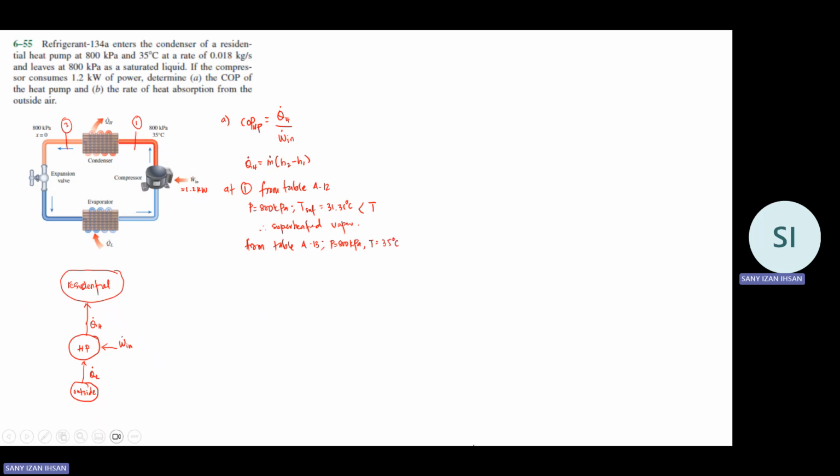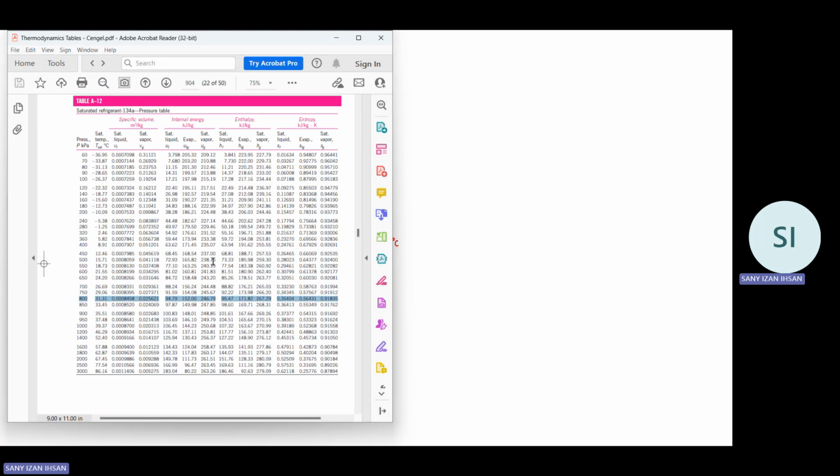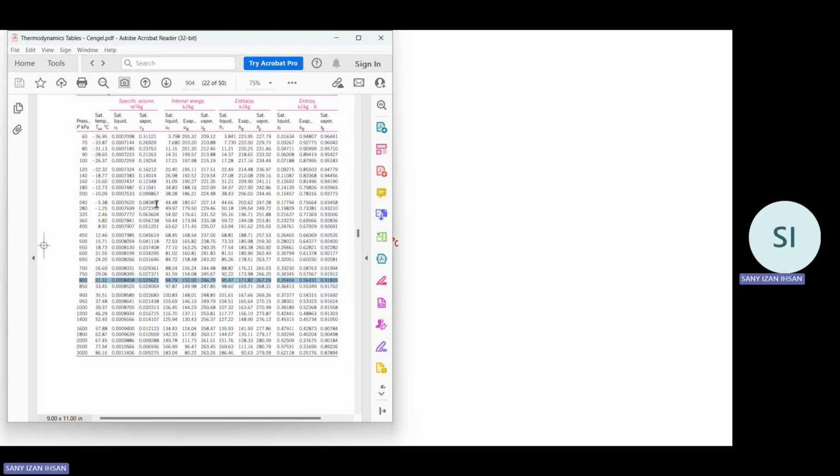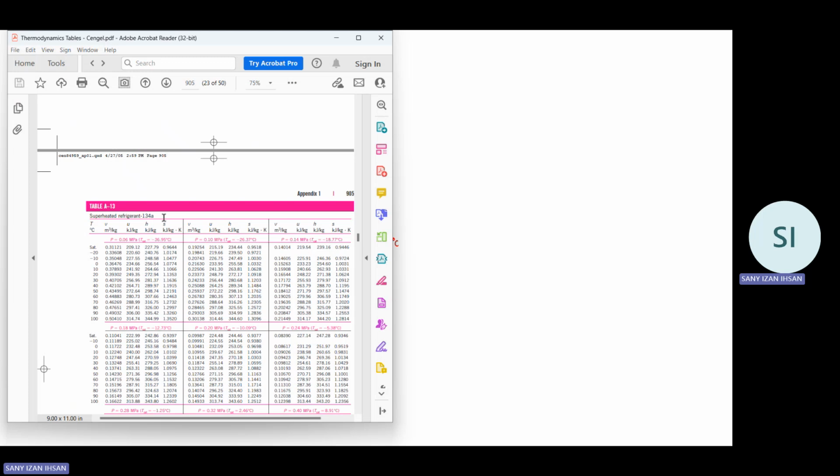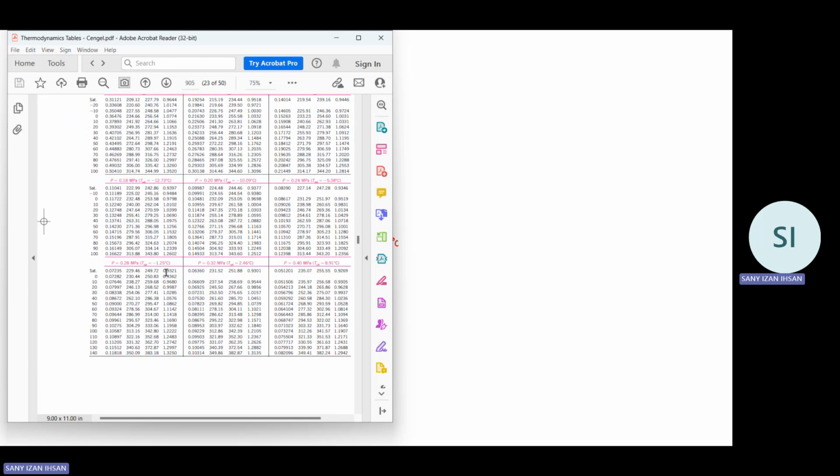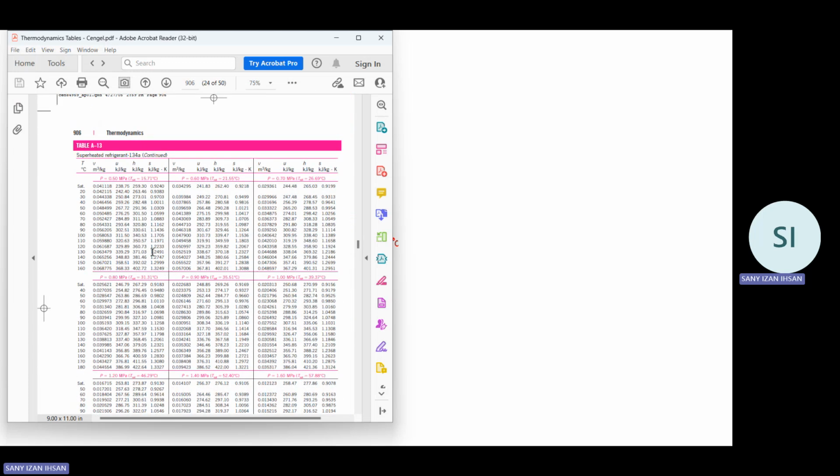So let's go to the table. This is A-12. Let's go to A-13, where we find the table with 800 kilopascal. You can check that the saturation temperature is 31.31.